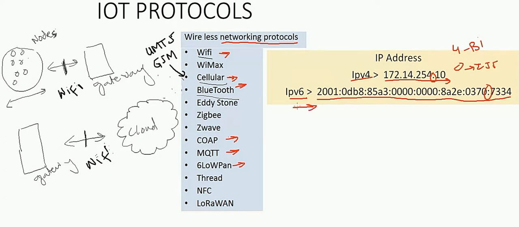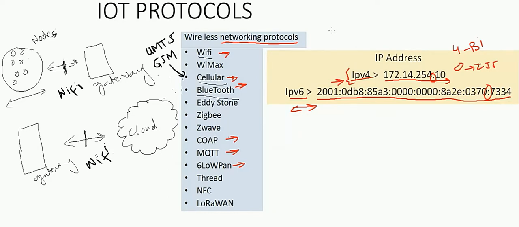This IPv6 IP address gives us a lot of range, much more than 4 billion, as in the case of IPv4. But IPv4 addresses still exist in the world, because we still have old existing hosting services and networks that still support IPv4.